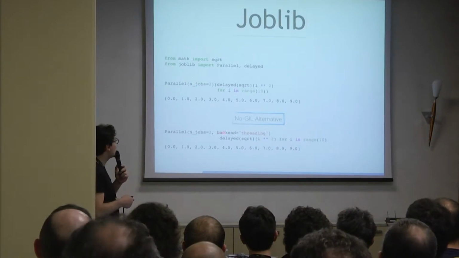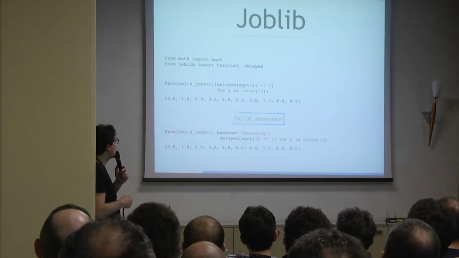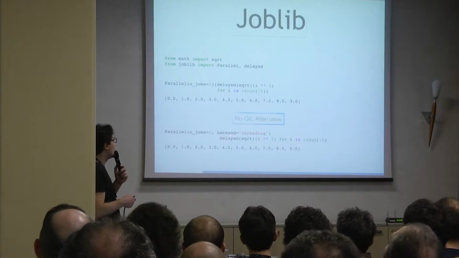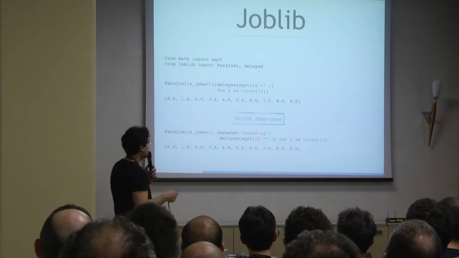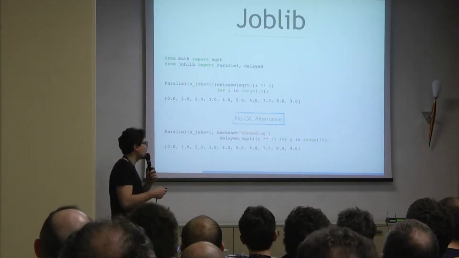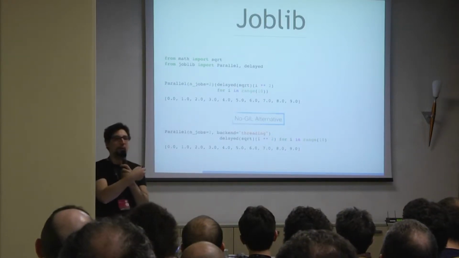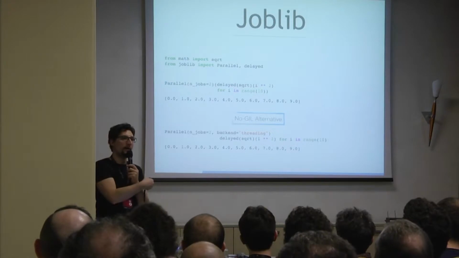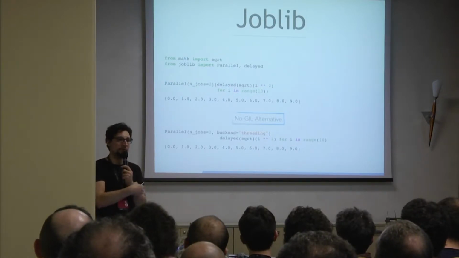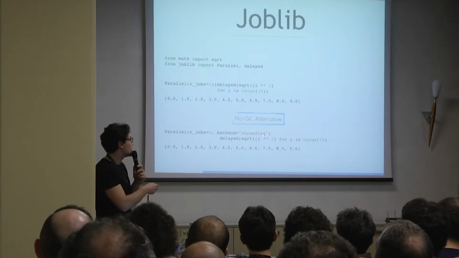Moreover, joblib introduced a new parameter in the parallel object, which is backend, that is used for threading. Backend threading means that instead of using multiprocessing in the background to handle the different processes to run, we may use multiple threads.